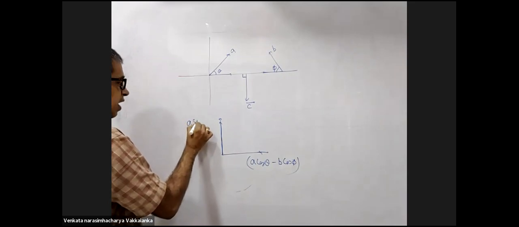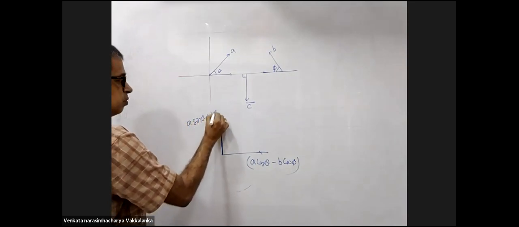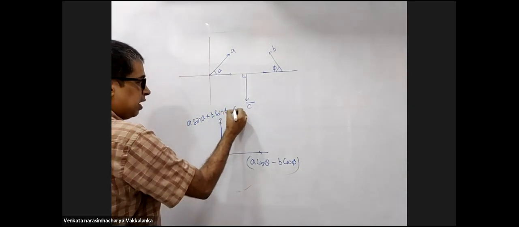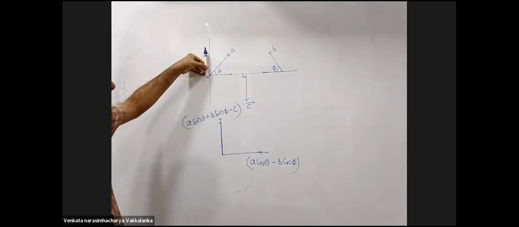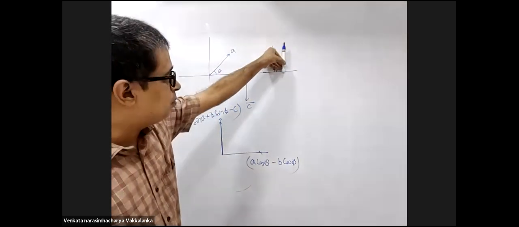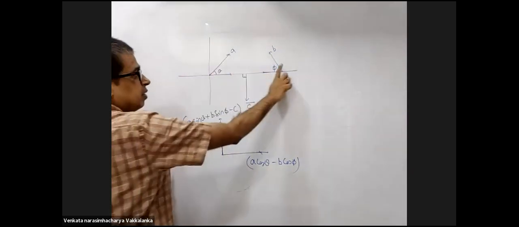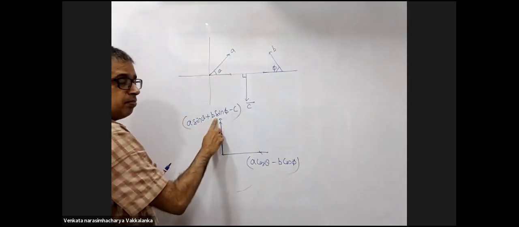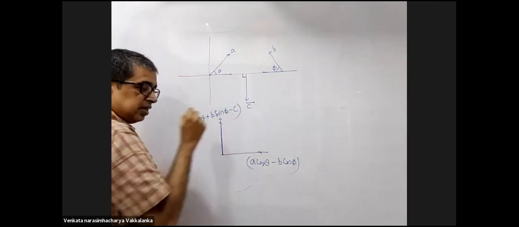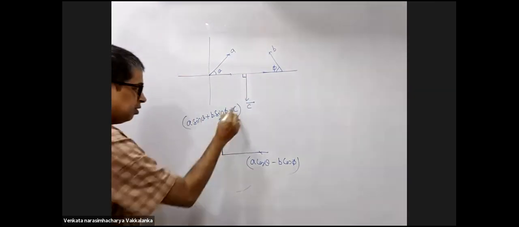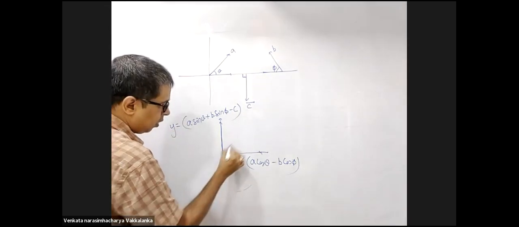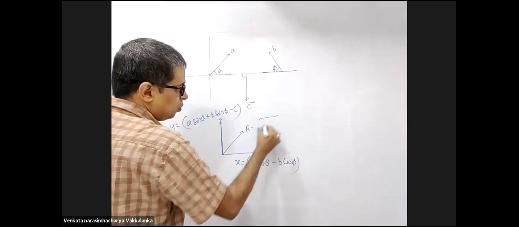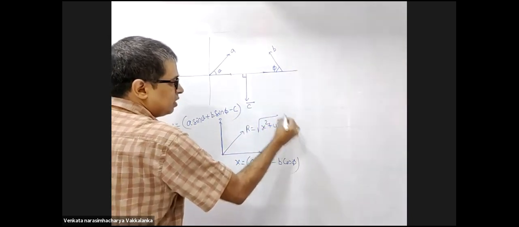This will be A sin theta plus B sin phi minus C. Both A sin theta and B sin phi are in the upward direction, so I added them up. C is in the downward direction, so I subtracted. Whole of this I will call y, whole of this I will call x. Resultant is root over x square plus y square.